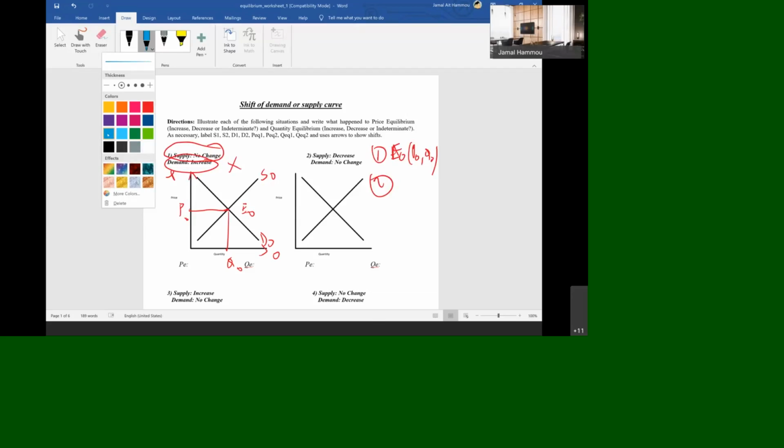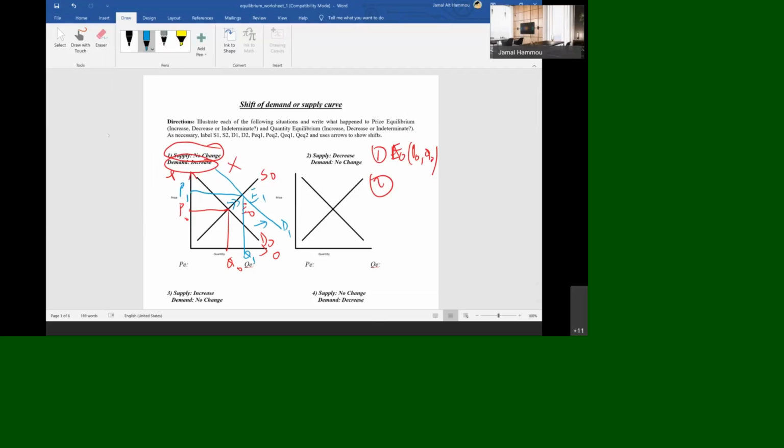To increase means we shift it to the right, up to the right. We have D1, and then we will have a new equilibrium right here at E1, and we will see the movement from A0 to E1. The price will be P1 and Q1. So that's what they ask us to do.